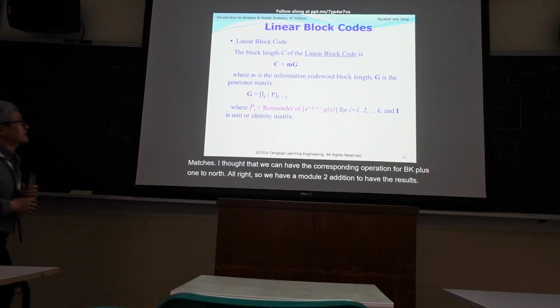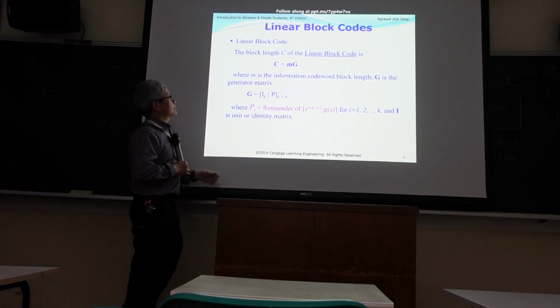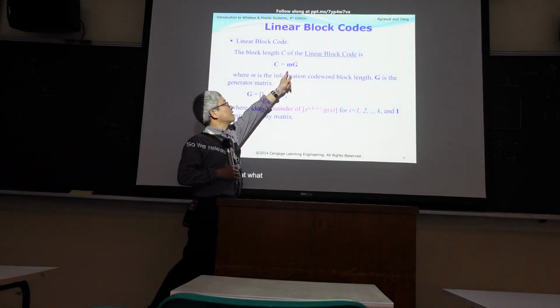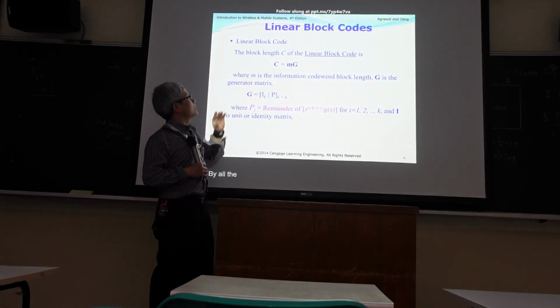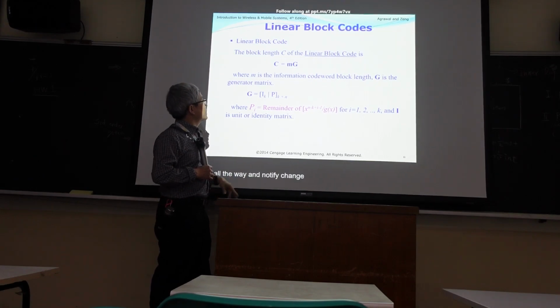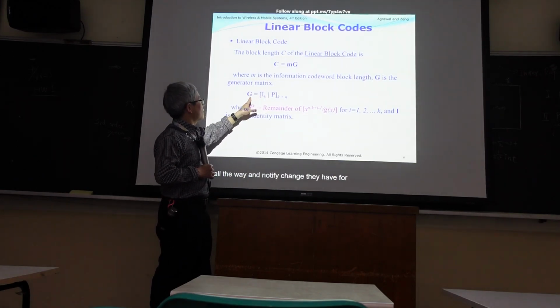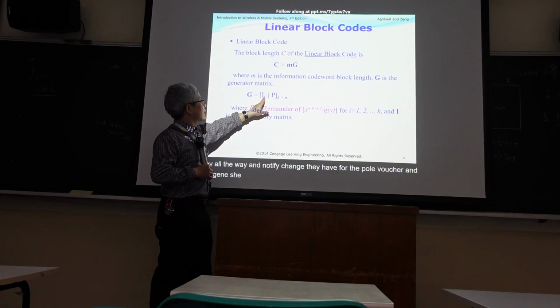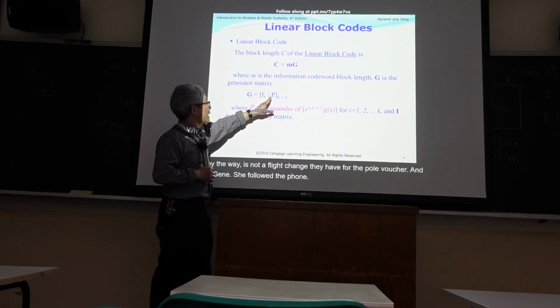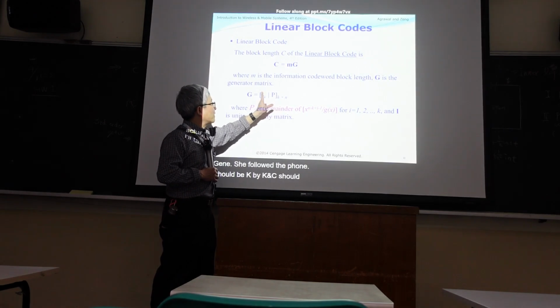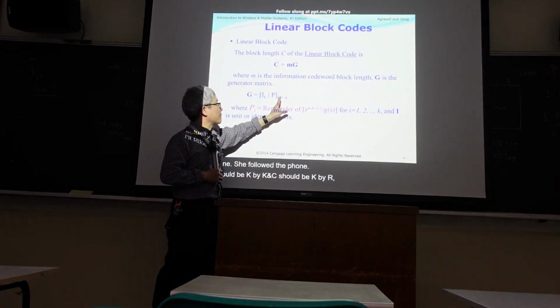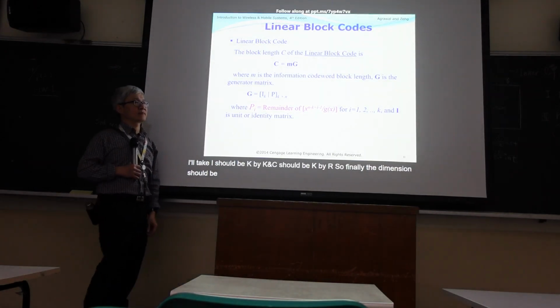So let us restate what we want. C, following the way, is the message multiplied by G, which gives the whole vector. And G follows the form: I should be K by K and P should be K by R. So finally the dimension should be K by N. That's it.